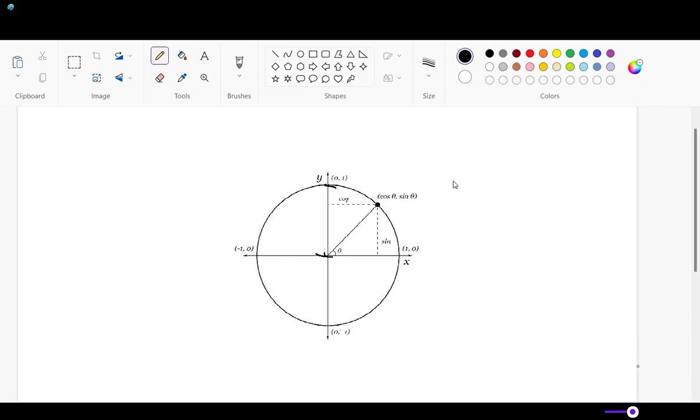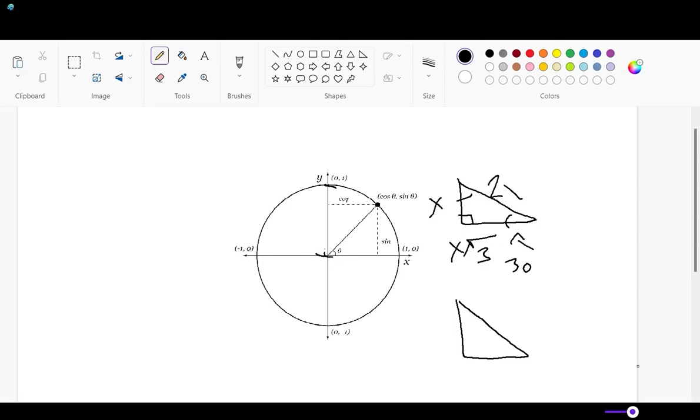Alright, so first off, you should probably know about the types of special triangles there are. The two most common ones are the 30-60-90 triangle and the 45-45-90 triangle. Just for a quick review, the 30-60-90 triangle has a measure of, let's say, x for the side opposite the angle of 30 degrees, the side opposite the 60-degree angle is x root 3, and the side opposite the 90-degree angle is 2x.